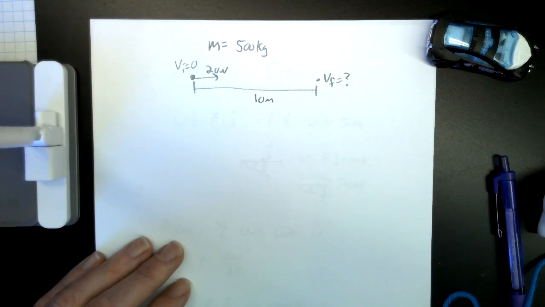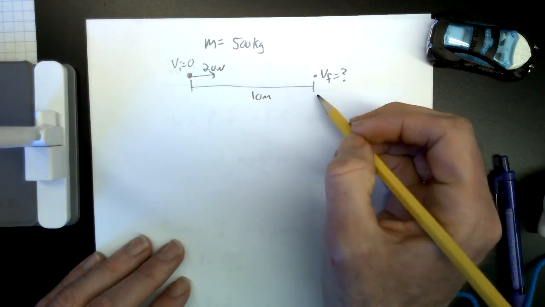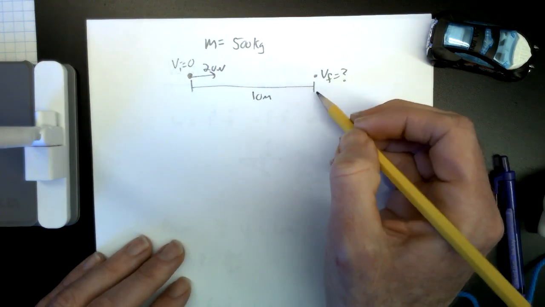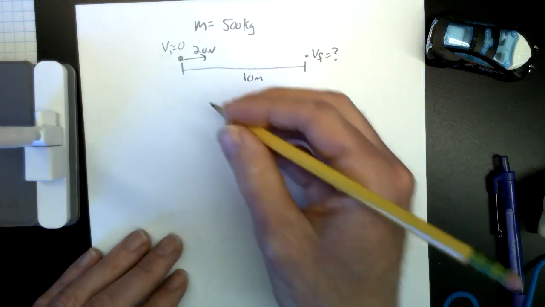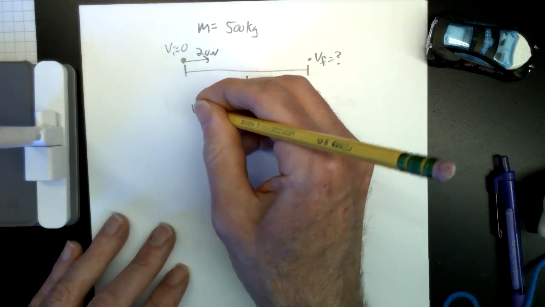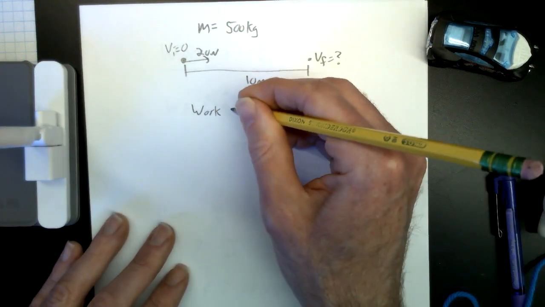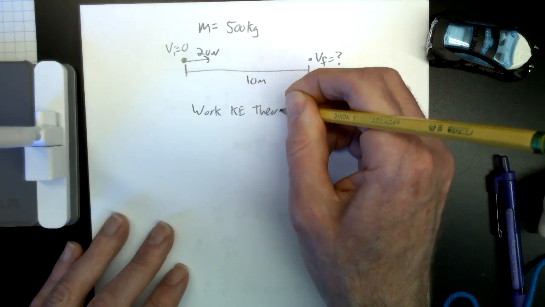So we can actually solve this using forces. We can use F equals ma and find the acceleration of the cow, and then figure out the velocity using some kinematics equations. But we can also use work and energy. The big key aspect of this whole unit is called the work kinetic energy theorem.